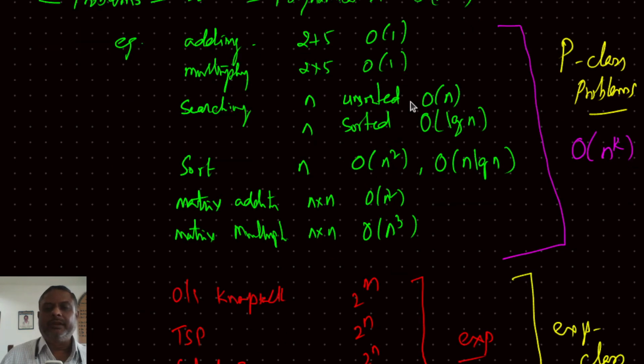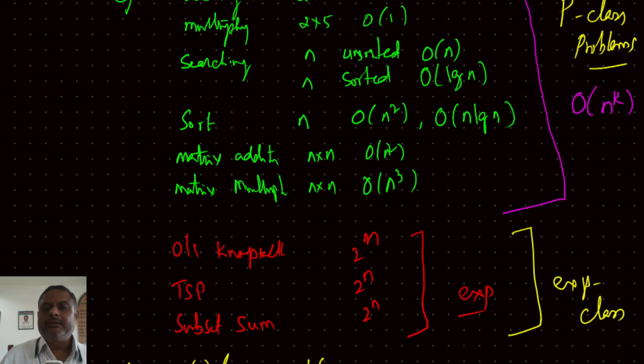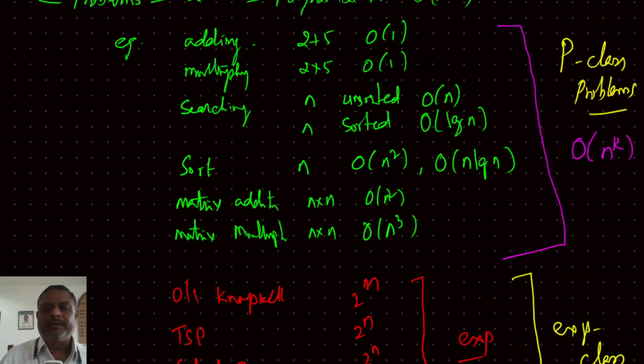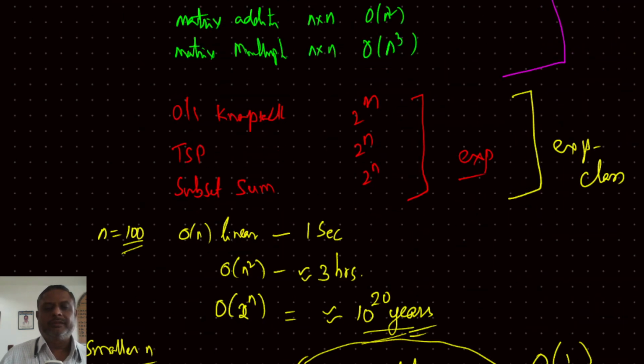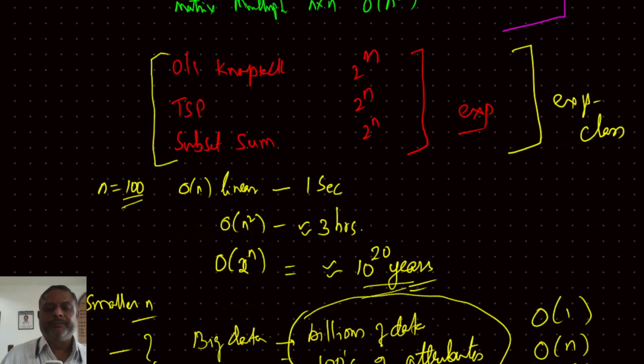We have many issues to look at. As long as these P-class problems are there, we don't have any problem in working with them. But yes, we have a problem with this type of problems, and it's going to take almost infinite time to solve, and hence we need some way to reduce this to a smaller value.